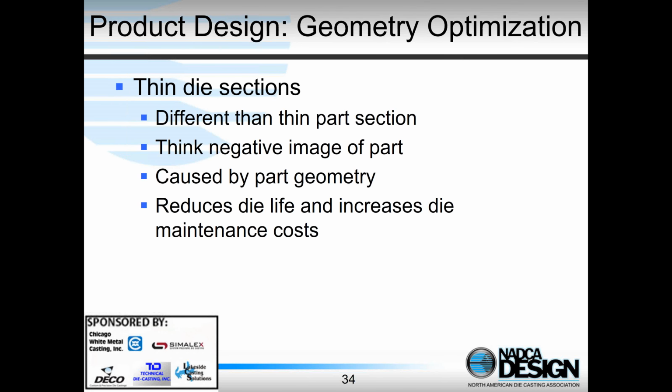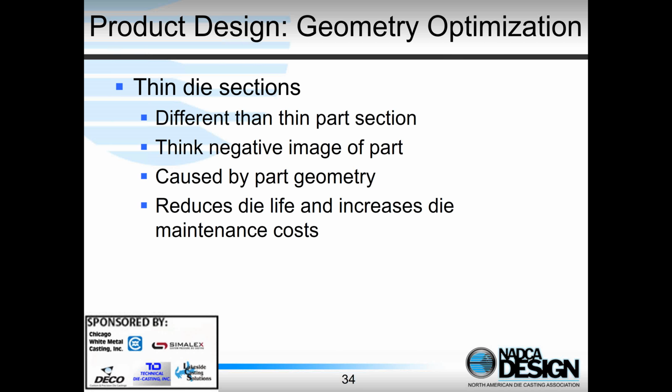Now, we also need to be aware of thin sections in the die. We just talked about thin sections in the casting. We also need to be aware of thin sections in the die. It's not enough to worry about thick casting, thin casting, but thin areas of the die, these areas are going to heat more because they're not able to absorb the heat or transfer the heat.